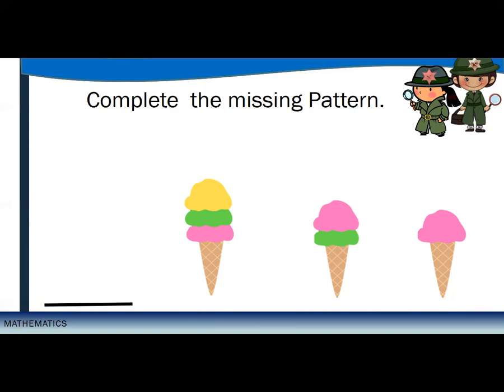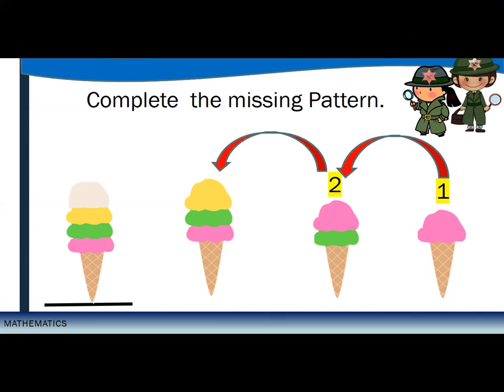That is awesome. So starting with the last ice cream cone in the pattern, we see that there is 1 scoop of ice cream. And when we move to the previous ice cream cone, that's the one before, we see that it has 2 scoops of ice cream.